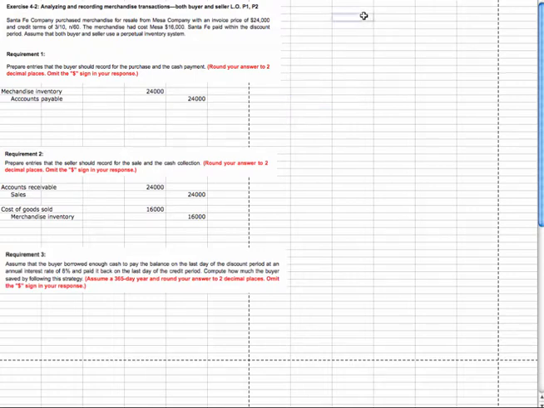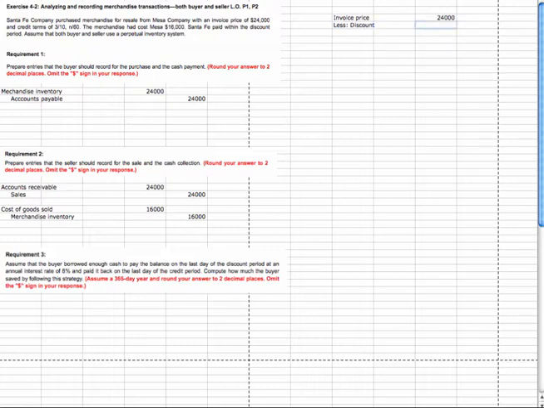So if we go up here, and I'm just going to do the calculation right now, the invoice price was $24,000. Then when we say less the discount, and the discount was 3%.